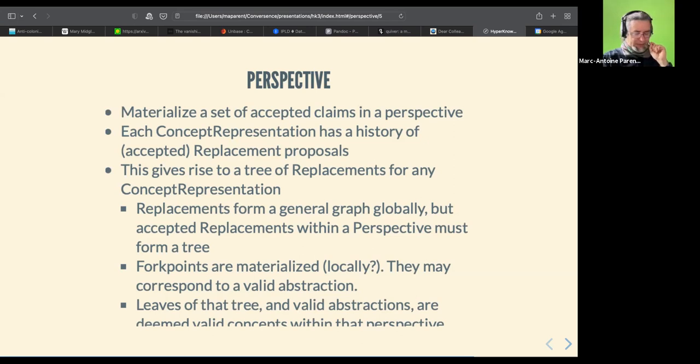It's possible that many interpretations are abstractions of one another. Here's the abstract interpretation, but maybe the person meant that more specifically. And in some cases, the abstraction makes sense, and then it's a valid abstraction. It has meaning in and of itself. And sometimes the abstraction does not make sense.